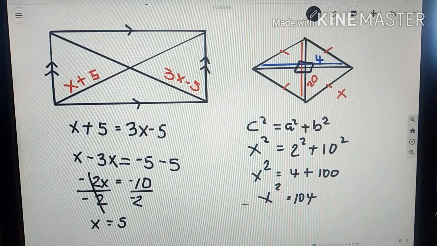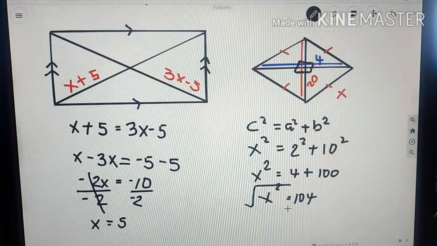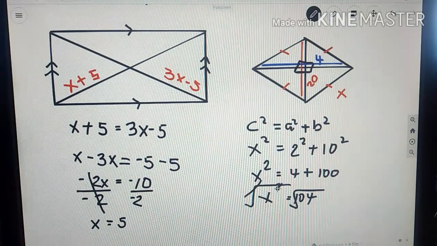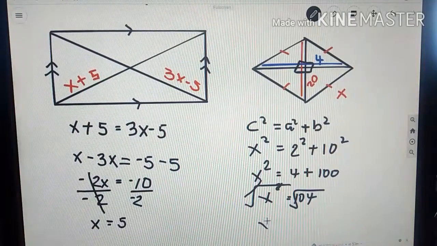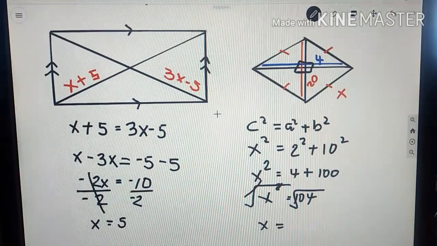Okay, extracting the square root, so we need to put a square root to cancel the square. So x will be the square root of 104.